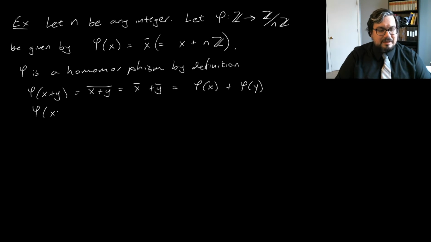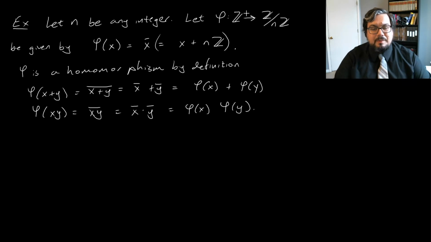And similarly for multiplication. This phi here, by the way, going from a ring to a factor ring of that original ring, is an example of a projection map, the natural projection map. We'll see this a couple more times in a little bit.